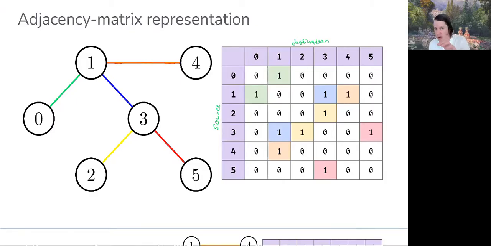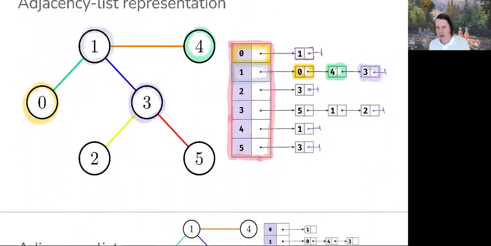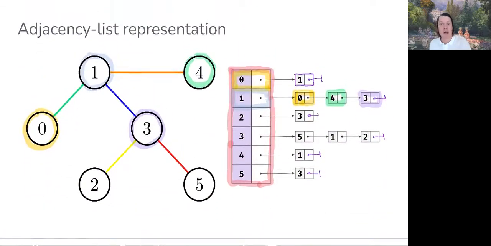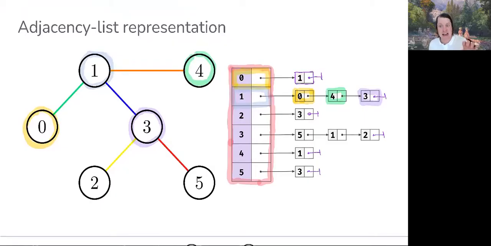So notice here it's double the information, because we're encoding both the on and the off, the connection and the non-connection. This is very different from this list notation, where we are only storing the connections that exist, and not finding a particular vertex within a linked list is going to tell us that there's no connection between, say, 1 and 5, because as we iterated through 1's adjacency list, we did not find an entry communicating to us that 5 was adjacent to 1.